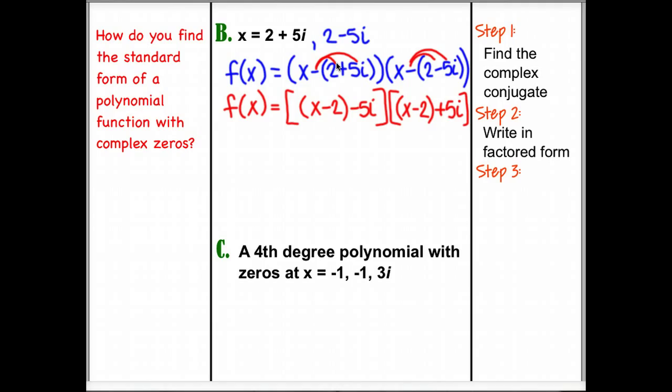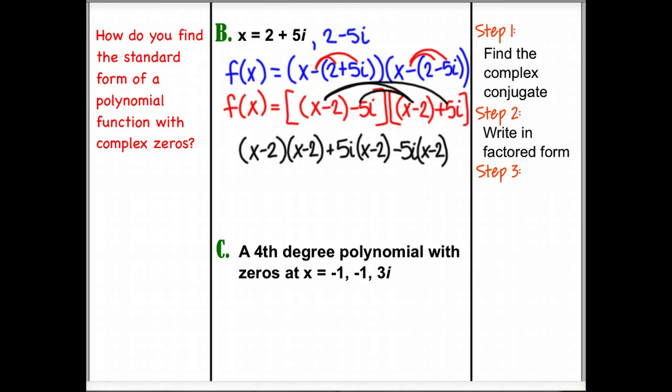Now when we go and FOIL this through, we've got x minus 2 times x minus 2, and then we have plus 5i times x minus 2, minus 5i times x minus 2, minus 5i times 5i, and I apologize for squishing it in there.